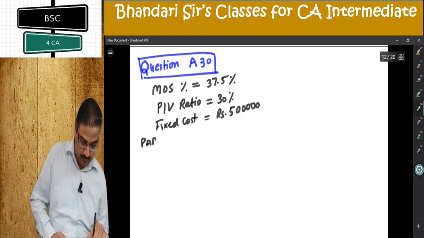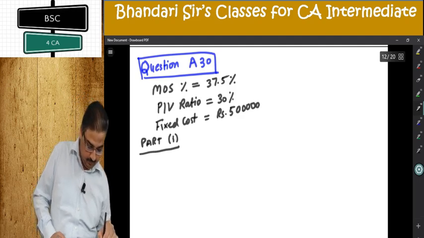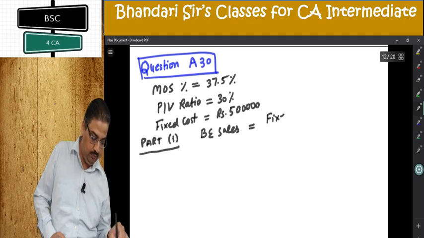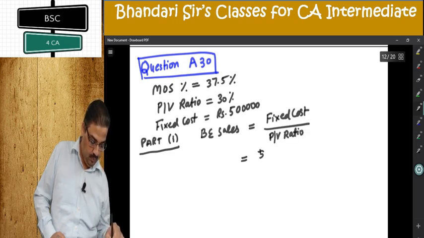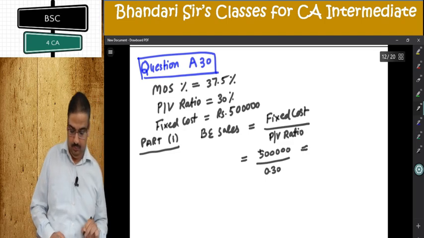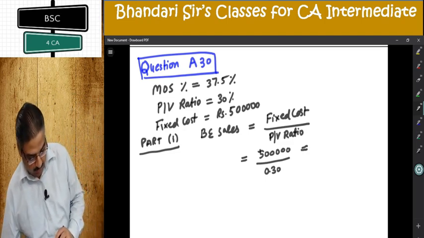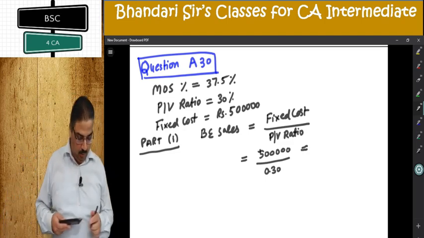Requirements. Part 1. Break-even sales is equal to fixed cost divided by PV ratio. 5 lakh divided by 0.40 rather.